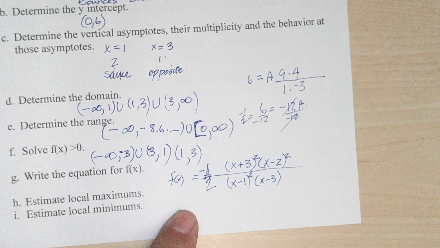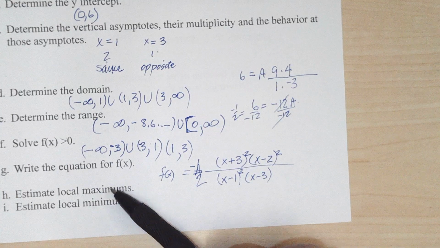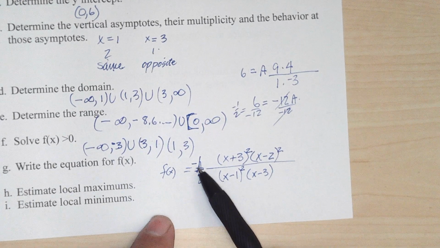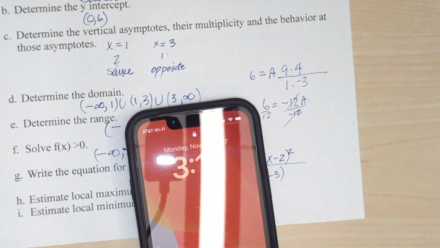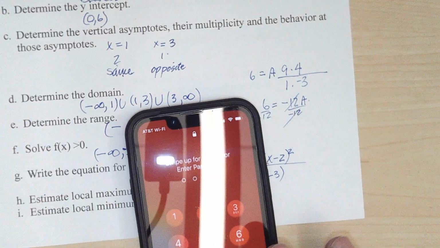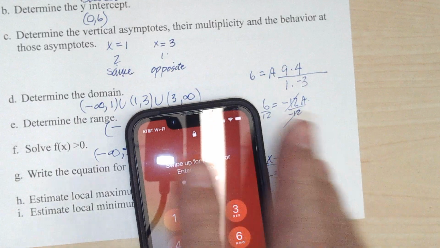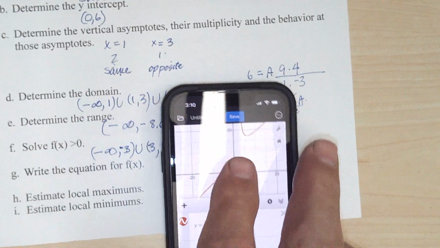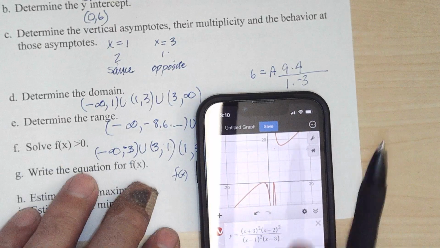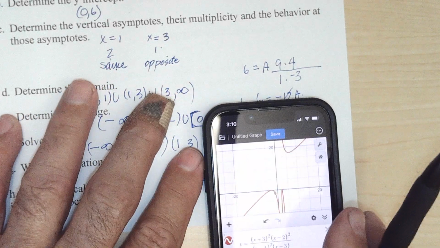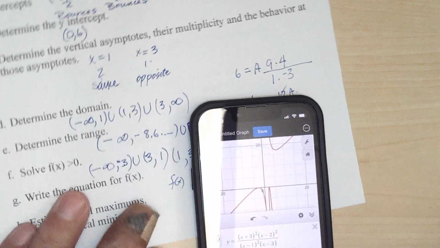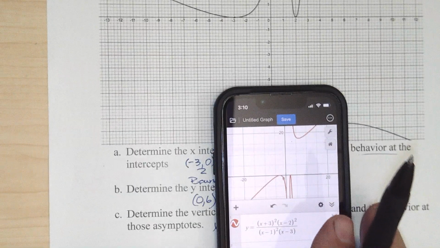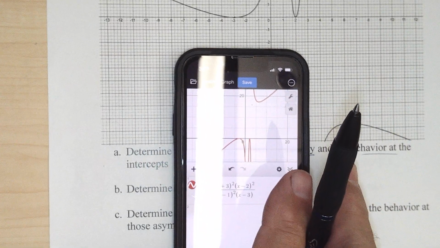Okay, now to do these last ones and to see this graph, I've already taken my phone and typed in everything except the negative 1/2, and you can see that it looks like this, only upside down.